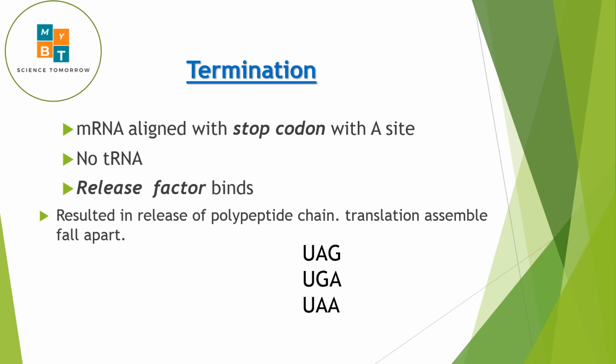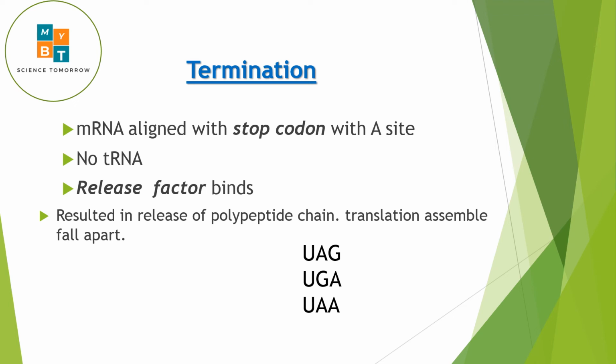When you have the stop codon there, there is no tRNA for that stop codon. So what happens there? Rather than a tRNA, a release factor binds there. With the tRNA we have the amino acids coming with the peptide bond, but with the release factor there, you don't have the amino acid.